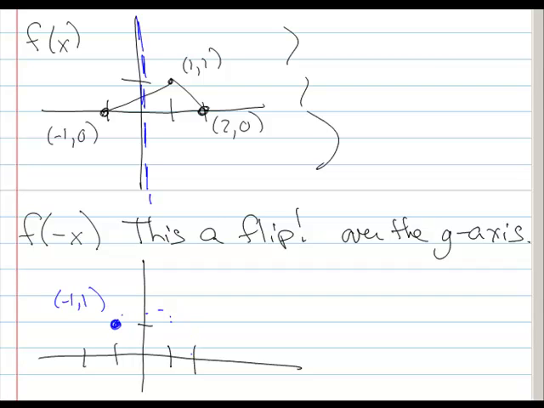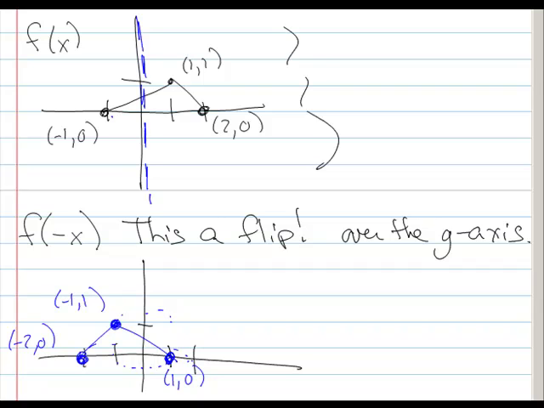This point over here that was at (2, 0) gets flipped over here to (-2, 0). And this point here that was at (-1, 0) gets flipped over the y-axis to (1, 0). So that is our new function. So we just flipped it over the y-axis.